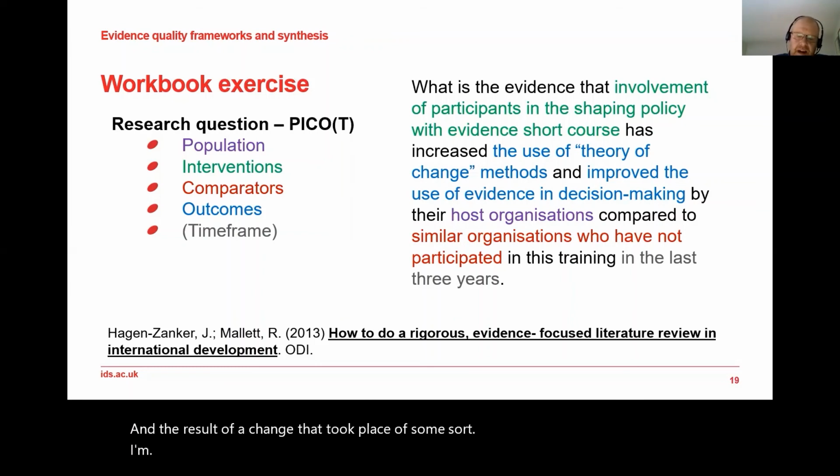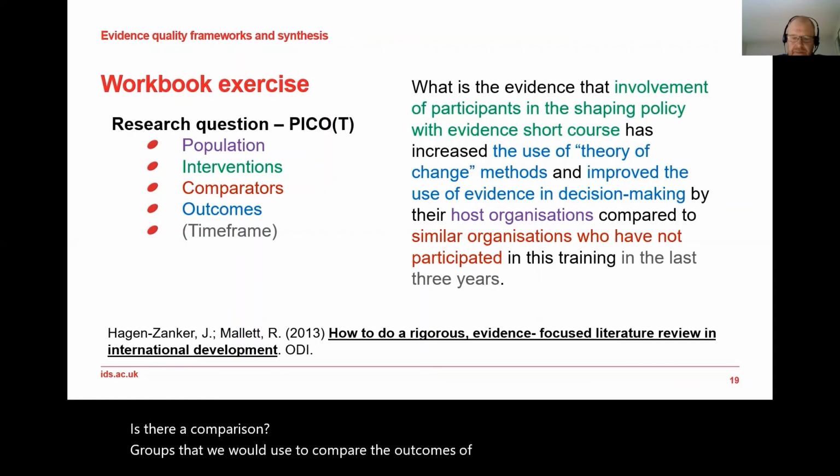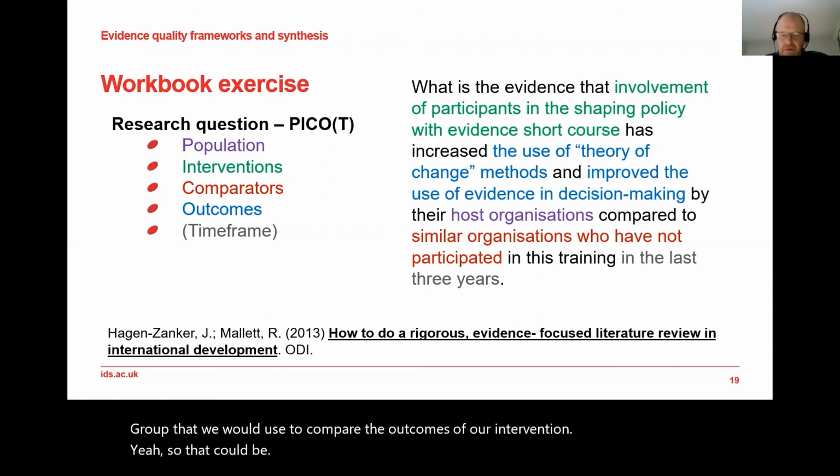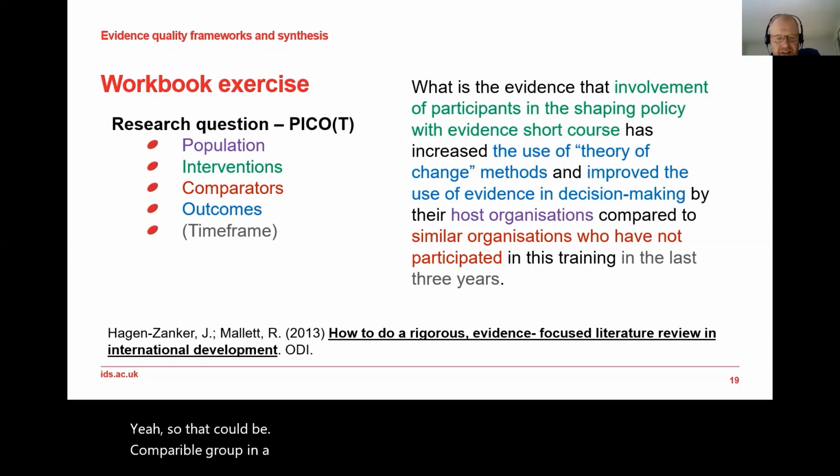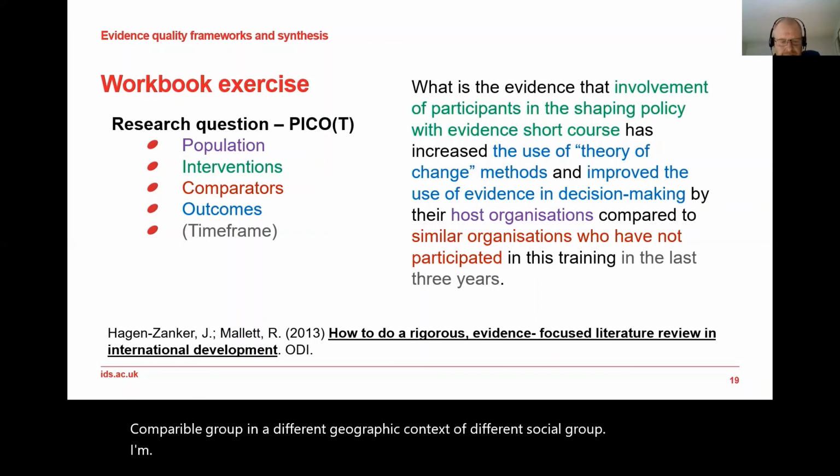Is there a comparison group that we would use to compare the outcomes of our intervention? That could be a comparable group in a different geographic context, a different social group. It could be a range of things.